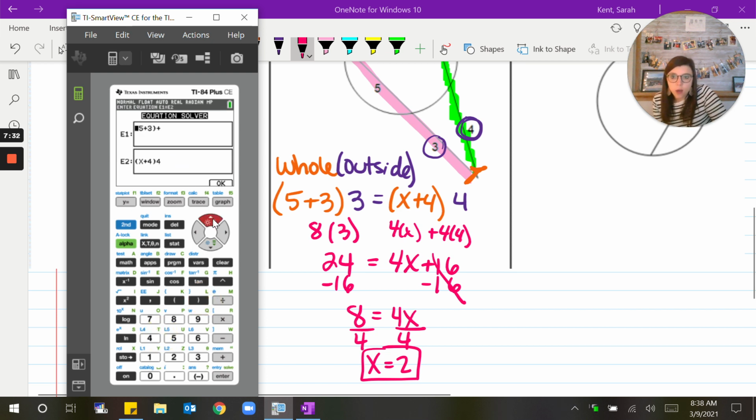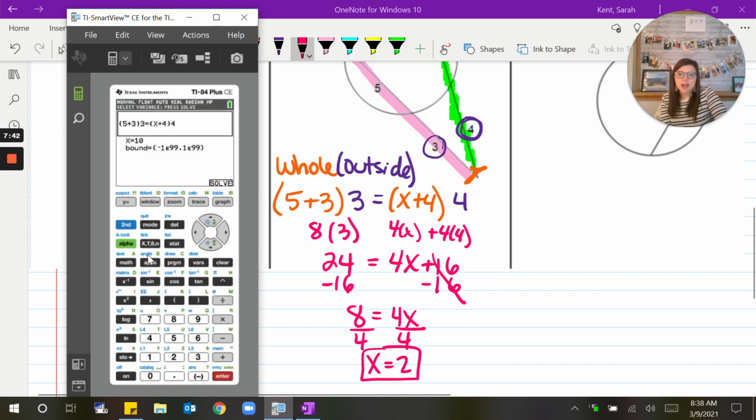So this, oh no, I didn't put a 3 on the outside. There we go. So my calculator matches what I wrote. So when I press alpha graph, I get x equals 2. So again, you can work it out if you want. You don't have to. You can just go straight and put in the calculator. Either way, you get x equals 2.